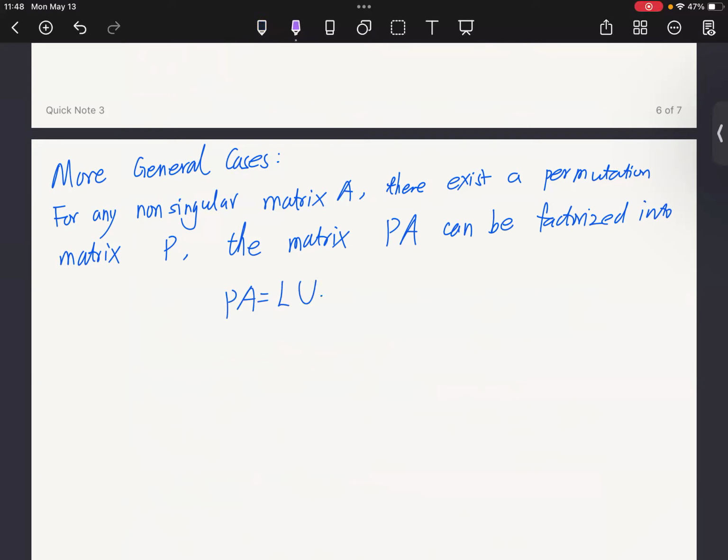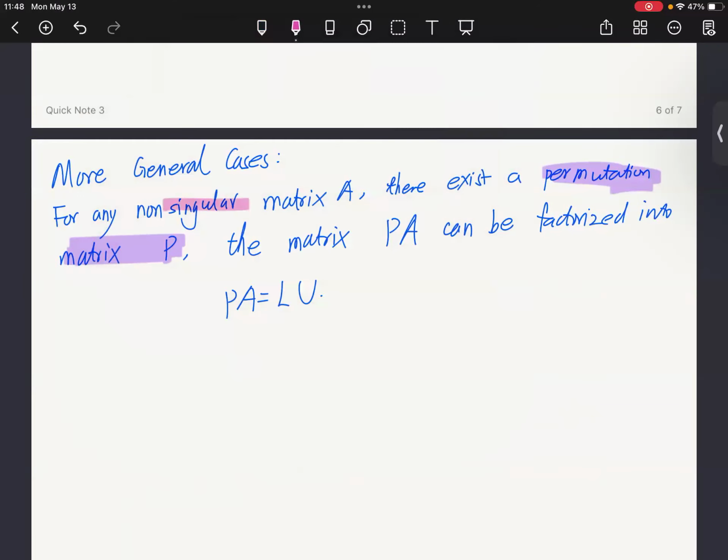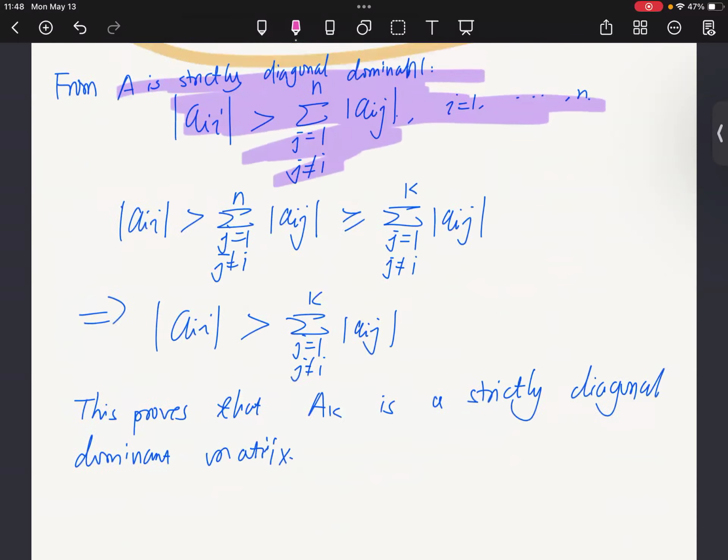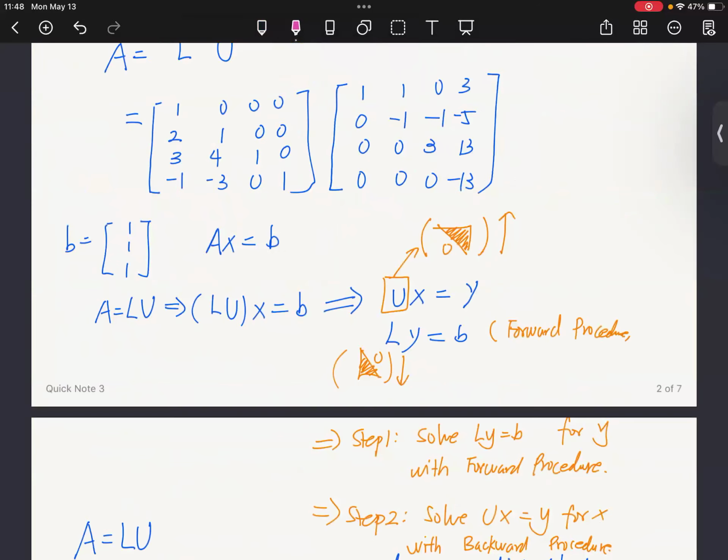So there's one more part here, which is the permutation matrix. But now you will see the criterion is quite general because it's just for the non-singular matrix. And what is the permutation matrix P? Let's go back to what we have here.